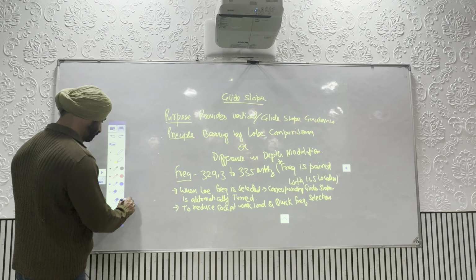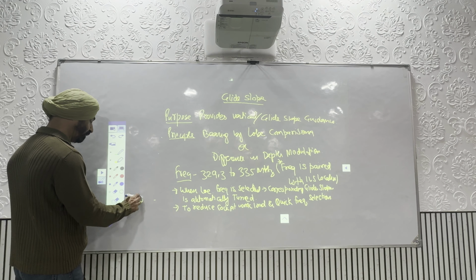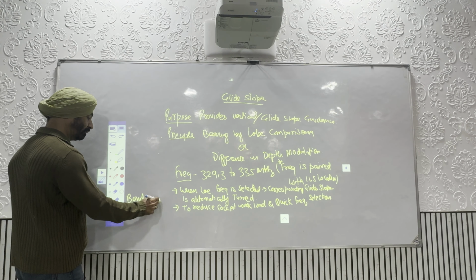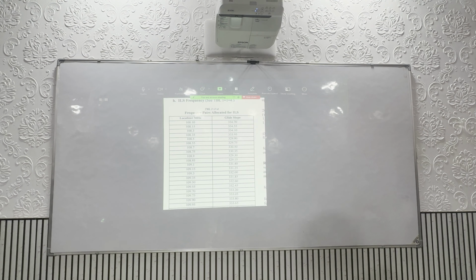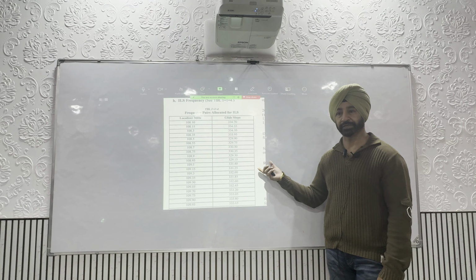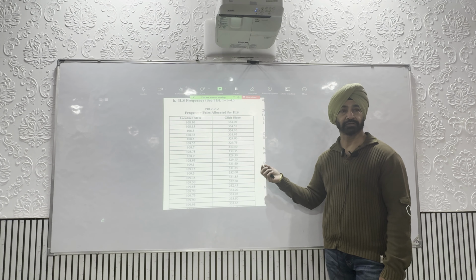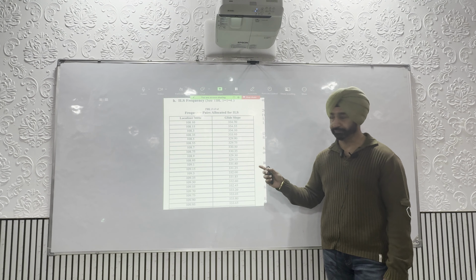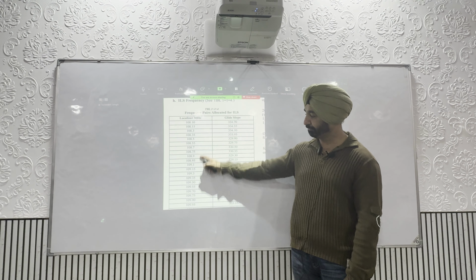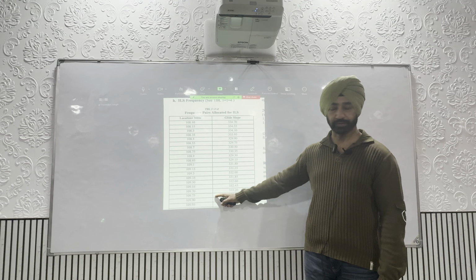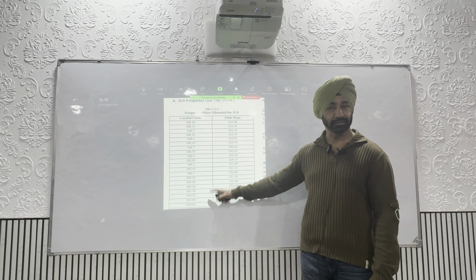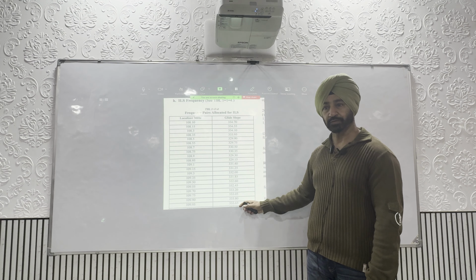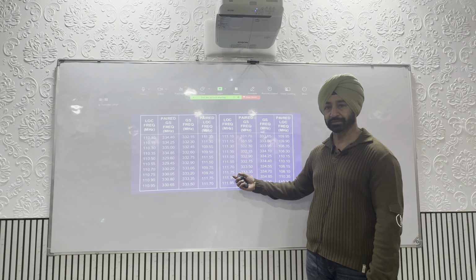Now again the question is, what is the band? It works in the UHF band. Wait, let me show you how this frequency pairing is done. This picture is from ICAO publications. You have annexures, so I have taken this picture from there. You will find there is a localizer frequency. For every localizer frequency, can you see these are all odd after the decimal, there is a fixed glide slope frequency.